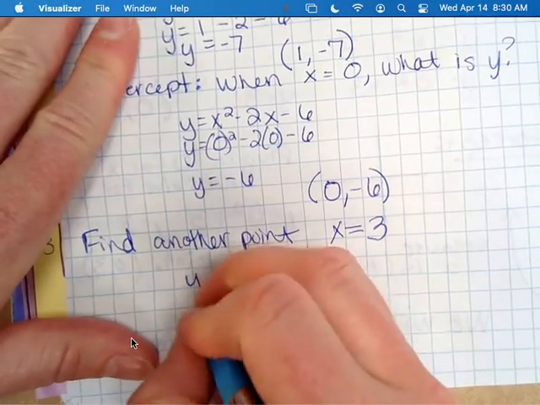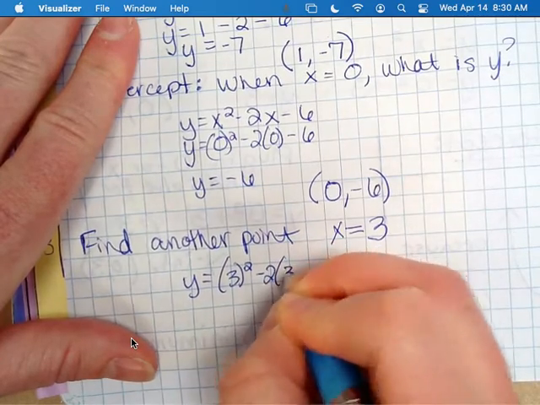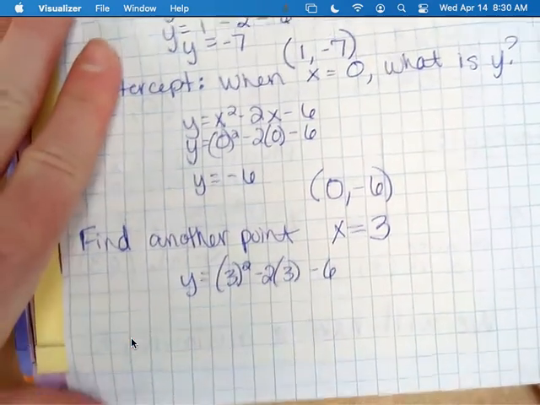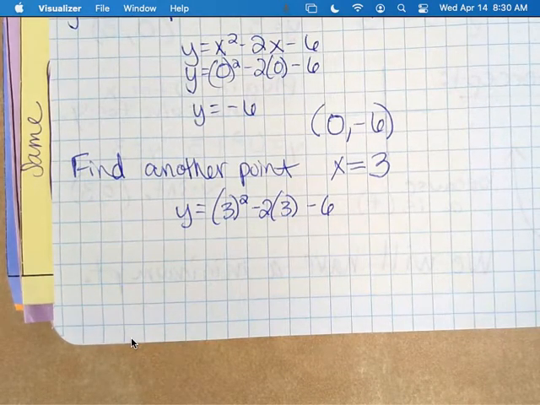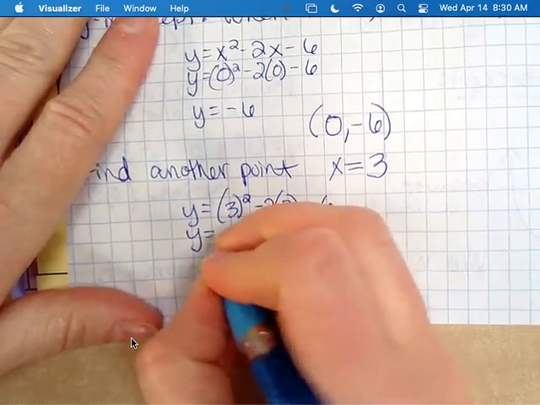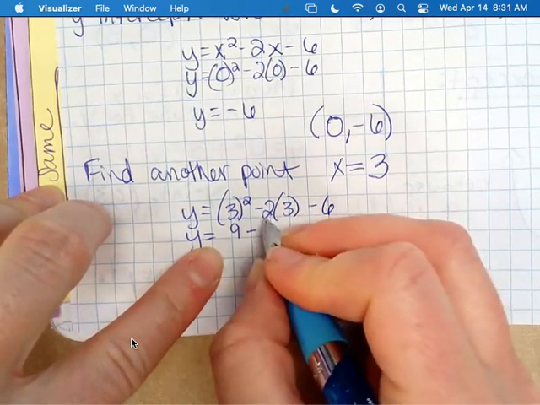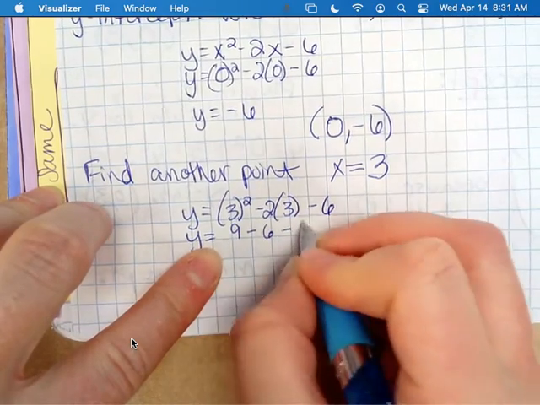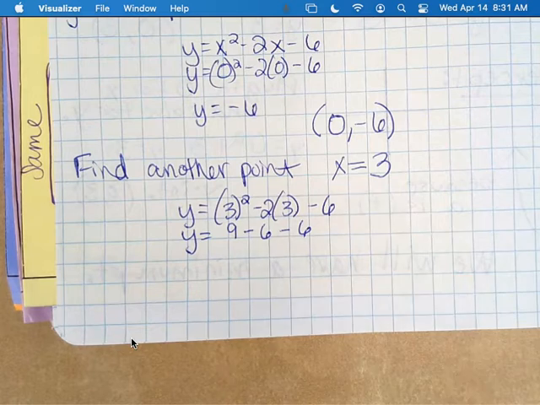So we'll plug in 3 for x. So this would be y equals 3 squared is 9 minus 2 times 3 is 6 minus 6. Or you can just put this top one in the calculator.